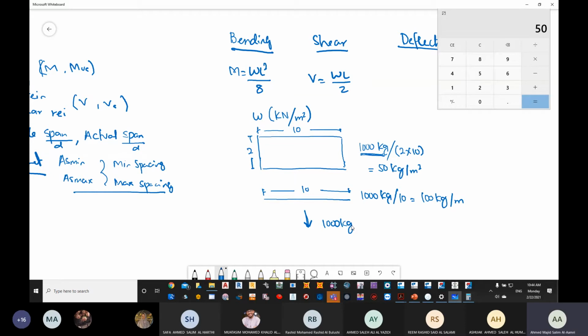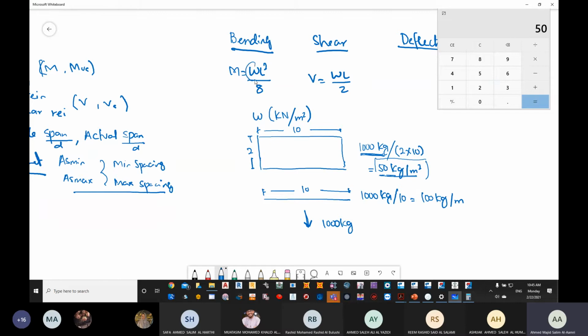Do you agree that your load will be distributed into a larger area when it comes to a slab? Now, if it's into a larger area, it means that your total loading will be lesser. Like the example I have given you, like 50 here, 100 here, and then 1000 here.